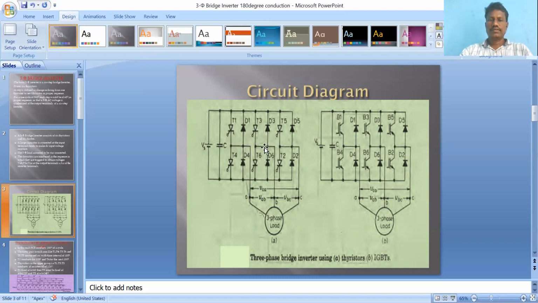In three-phase bridge inverter operation, there are 2 conduction modes. The first is the 180 degree conduction mode, and the second is the 120 degree conduction mode. In this topic, we discuss the 180 degree conduction mode.